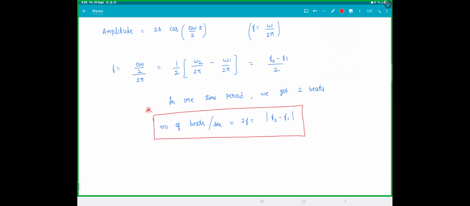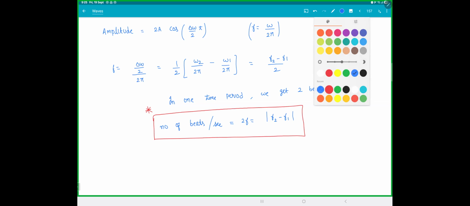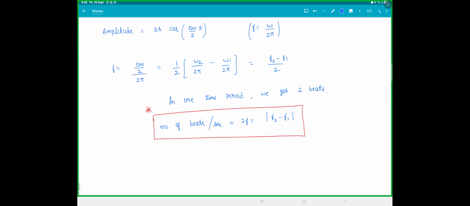And like I said, if the number of beats exceeds 10, we cannot hear it, but beats are there. Machines can still detect them. And actually, this is the process we will see later on in the Doppler effect. Using this, you can actually find the speed of vehicles. How do you know in cricket the ball is going with a speed of 153 kilometers per hour? Who goes and actually catches the ball? So when the number of beats per second exceeds 10, humans cannot distinguish it.